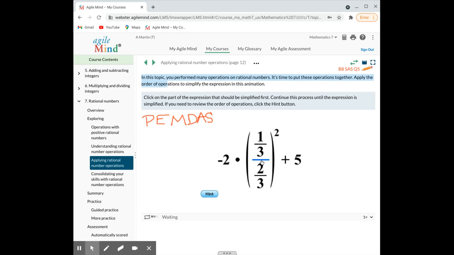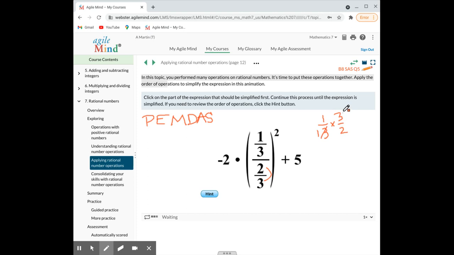So that's 1/3 divided by 2/3. So what's really happening is we're taking 1/3 and we're multiplying it by the reciprocal of this. So the reciprocal would be what? 3/2. Correct. And these 3's are going to do what since they're the same?